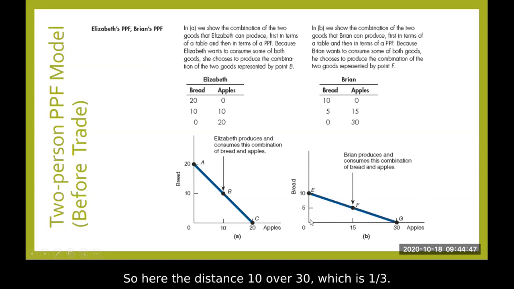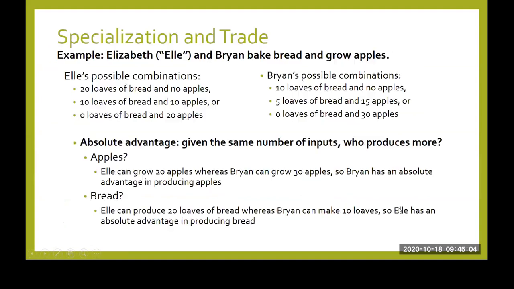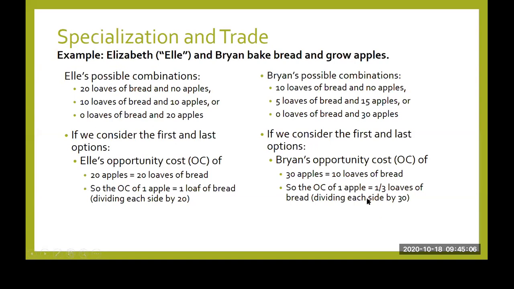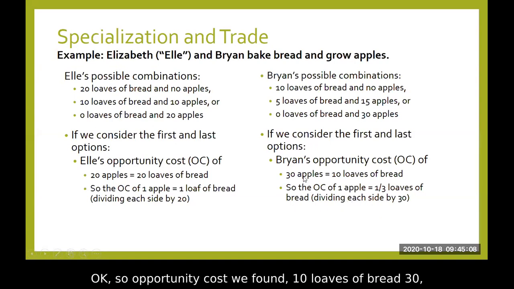So here, the distance 10 over 30, which is 1/3. So that's saying that for each loaf of bread that Brian wants to make, he is giving up 3 apples, right? So 1 over 3, or 10 over 30, which is 1/3. Okay.